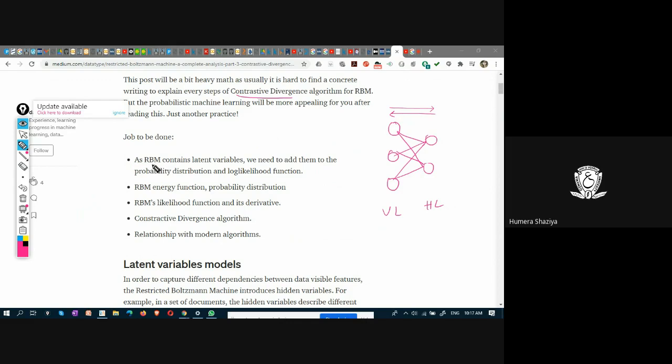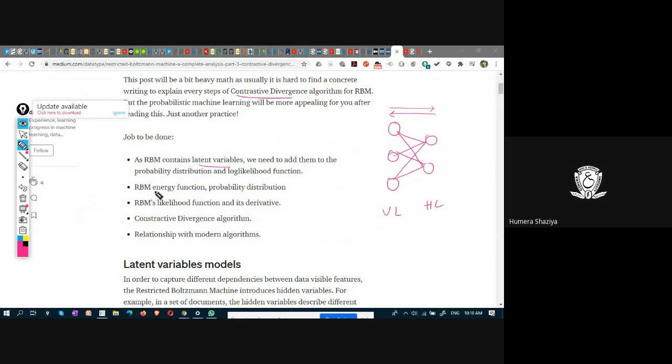And RBM contains latent variables. Latent variables are those that occur in this hidden layer, and we need to add them to the probability distribution and log likelihood function so that we can properly decode them into this input form.